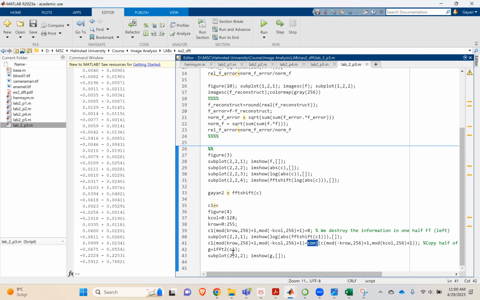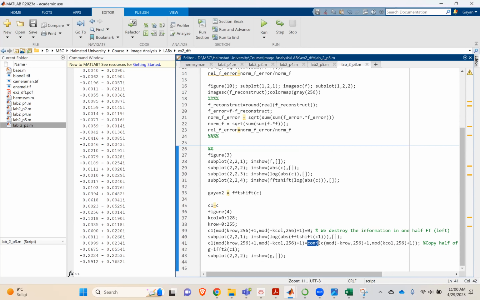But just tell me, is there any data loss or not? There won't be any data loss. There shouldn't be. But if you get a minor data loss when you calculate it, that is only because, as I told you, if your matrix originally has odd and even sizes, we saw it.